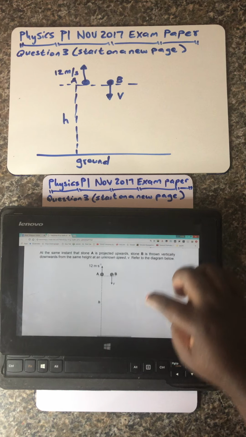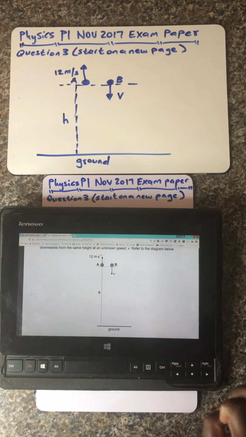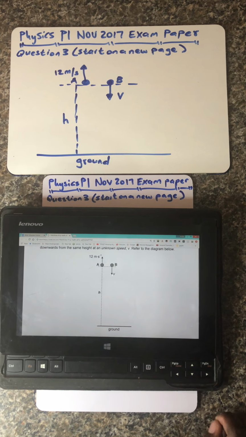I'll just scroll down so that you're able to see. This given diagram is what I drew there. It doesn't necessarily need to be 100% correct or the same, in terms of the dimensions and the difference between those two stones relative to the ground, as long as it looks more or less the same, then we're good to go.